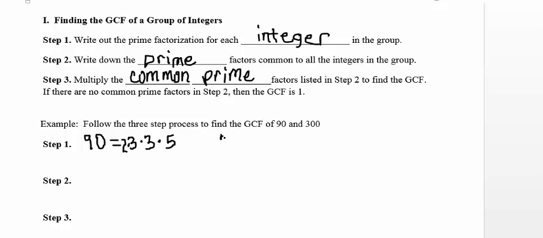The prime factorization of 300 is 2 times 2 times 3 times 5 times 5.